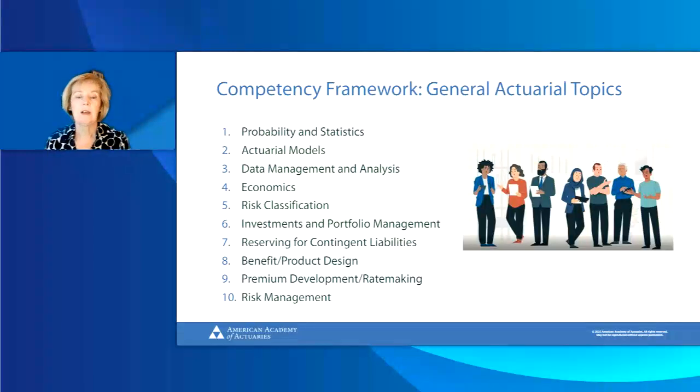And we're also looking for basic understanding and familiarity of the principles of data management and analysis, risk classification, and investments and portfolio management. And a strong foundation in macro and microeconomic principles is also very important, we believe, for our members. The others are obvious items that are specific to your practice and you would expect in a competency framework for actuaries.